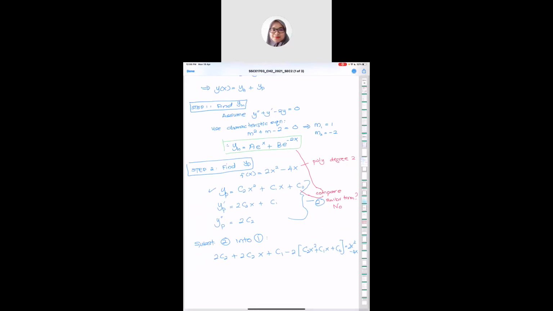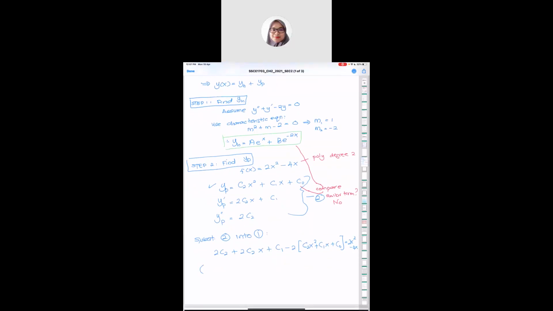Okay, so kita simplify this equation untuk dapatkan nilai constant C0, C1 and C2. Okay, so biasanya nak dapatkan nilai C0, C1, C2, kita rearrange the equation, kita kumpulkan dia mengikut dia punya X. Okay, so let's say yang pertama saya nak kumpul koefisien untuk X squared tambah yang kedua koefisien untuk X and koefisien untuk constant.